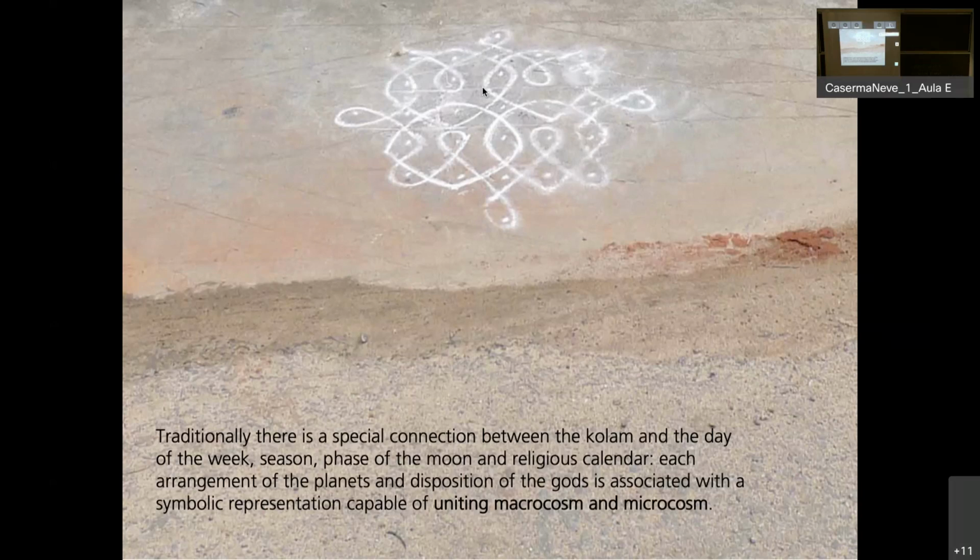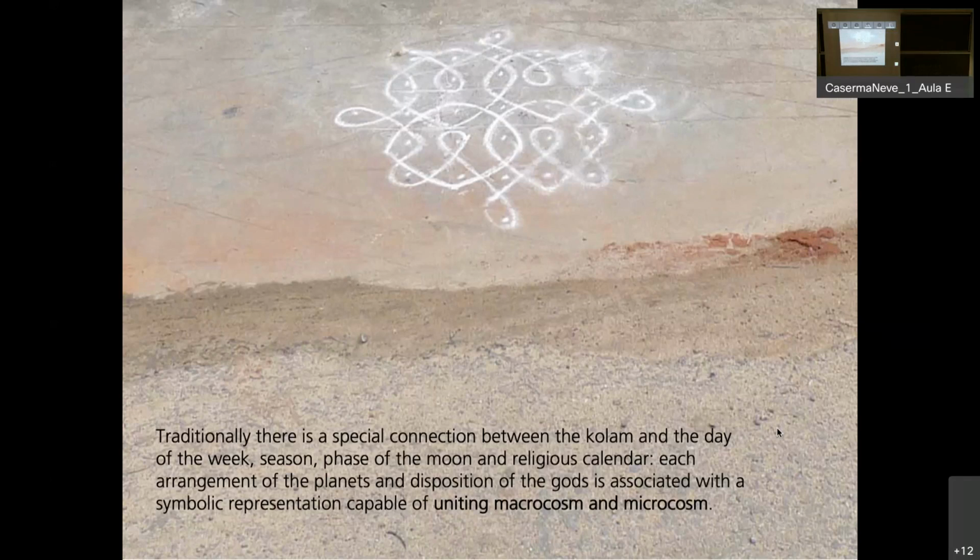It is renewed every single day, because its very nature is to be completely ephemeral. These are geometric signs, geometric drawings that are superposed on the earth in front of the doors of the houses, that are renewed by the women every day, because, of course, they are meant not to be there forever.